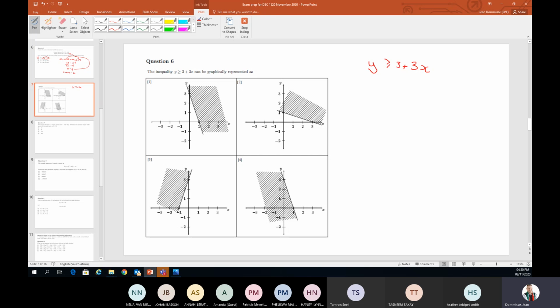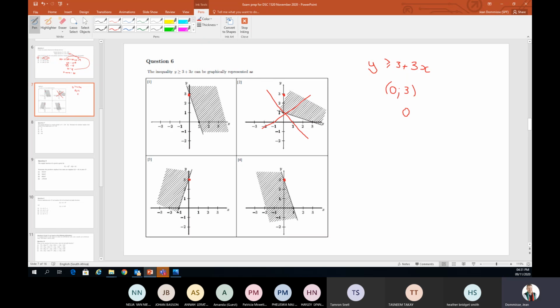Yeah, I would have guessed option 3. So let's quickly, so when x is 0, y is equal to 3. So when x is 0, y is equal to 3. Okay. So not option 2. So just when x is 0, y is equal to 3.